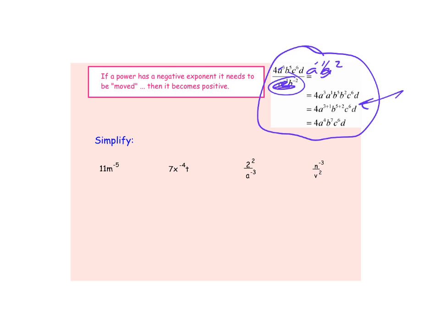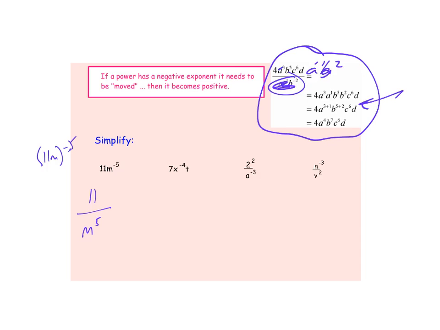Now, just a couple more simplifying options here. You do, on this first one, just have to be aware that the way it's written, the answer would be different if it was this, okay? Right now, the negative 5 exponent only goes with the m. So this would really be 11 over m to the 5th, okay?